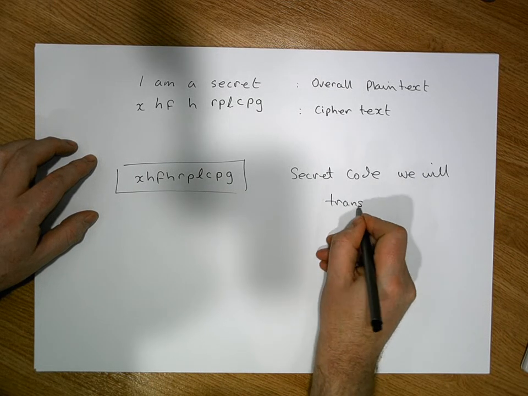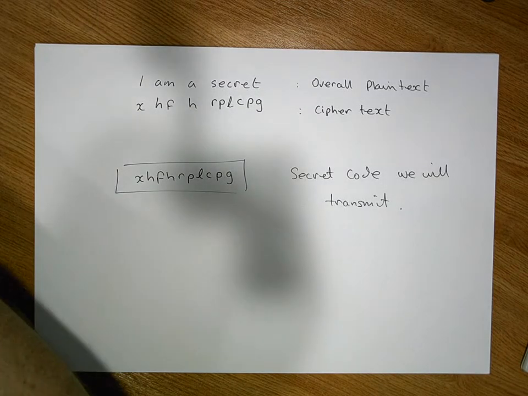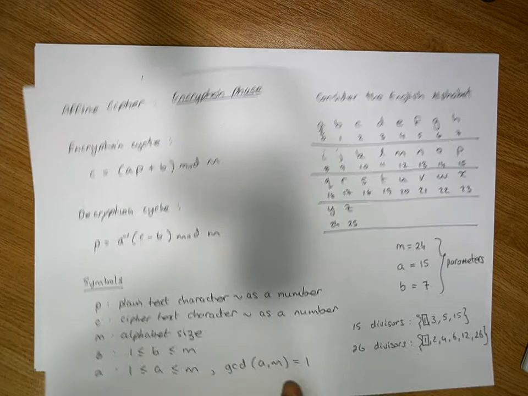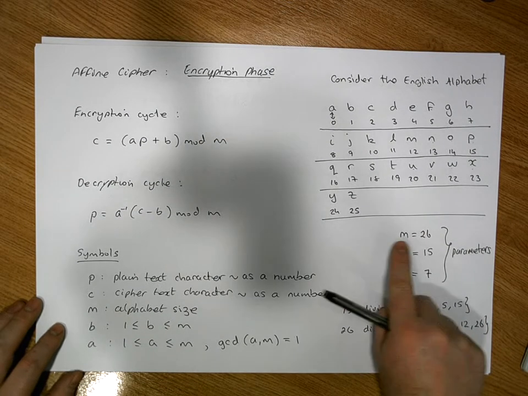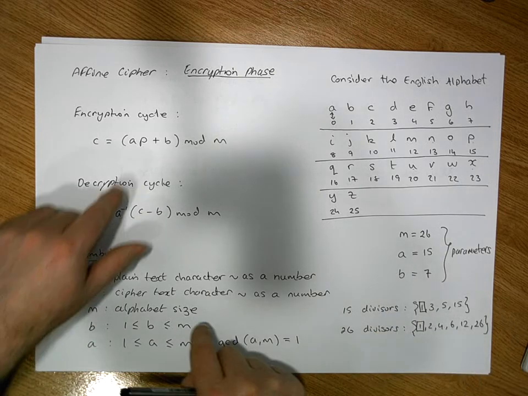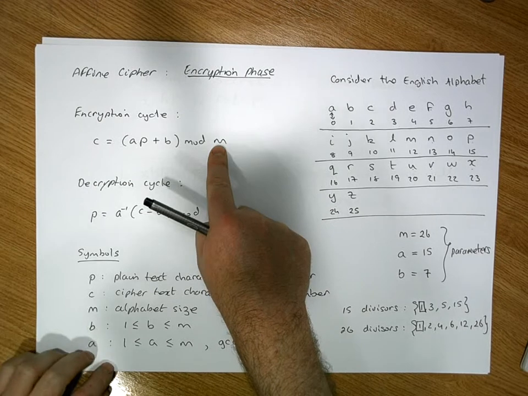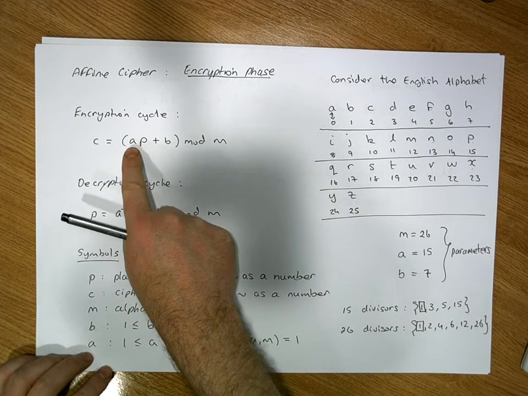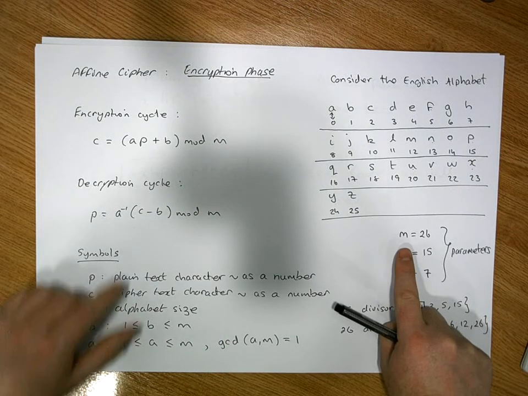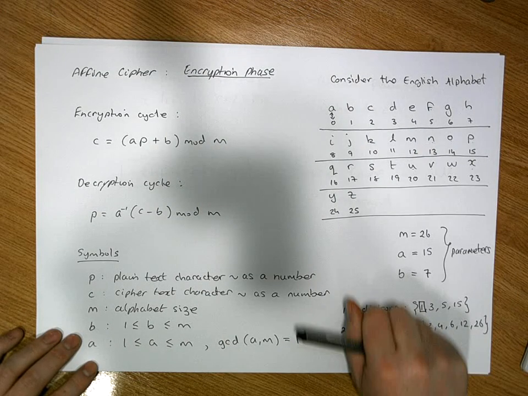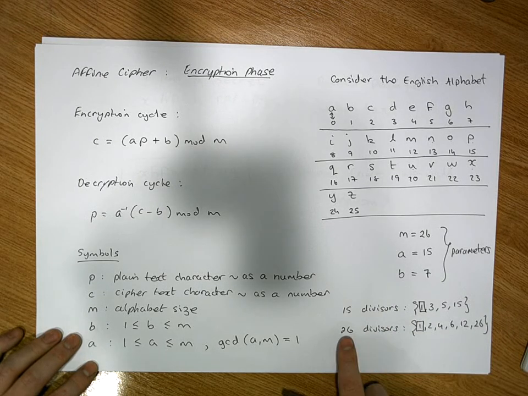Okay. Right, guys. I know there was a lot involved there. But the key to this particular algorithm is to choose, I suppose we know what our alphabet size is going to be, in our case 26, and to choose two values A and B. The important thing is that both values A and B are less than or equal to M. Another condition is that the value of A must share no common divisors with M. The parameters that we chose were M is 26, the size of our alphabet, and A is 15. 15's divisors are 1, 3, 5 and 15, whereas 26's divisors are 1, 2, 4, 6, 12 and 26.